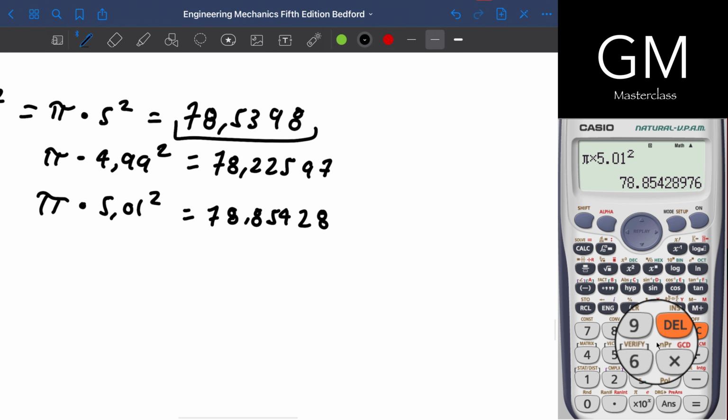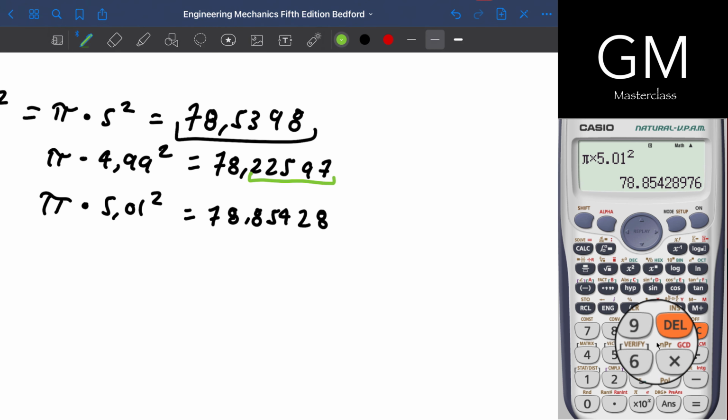So, as we can notice, these numbers cannot be rounded using the digits after the decimal point, because if I round this 8 up, that would be a 9, equals 78.9.